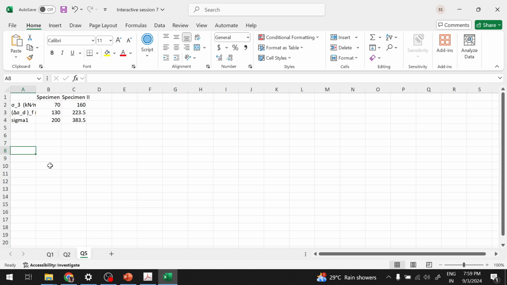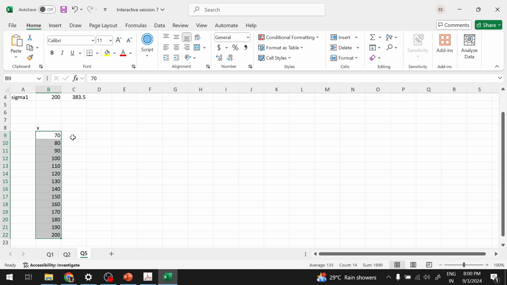Let me take the x value from sigma 3 is 70 and sigma 1 is 200. So I will take the x value as 70, 80, 90. I'll take this to 200.